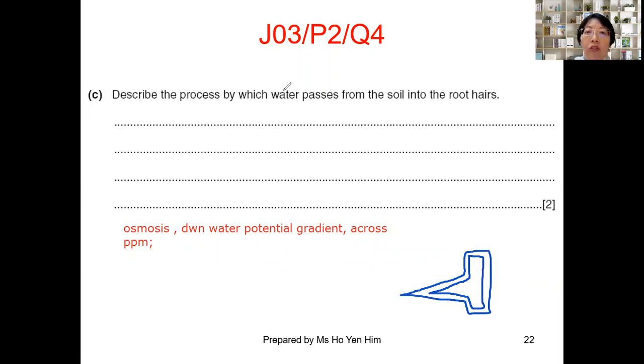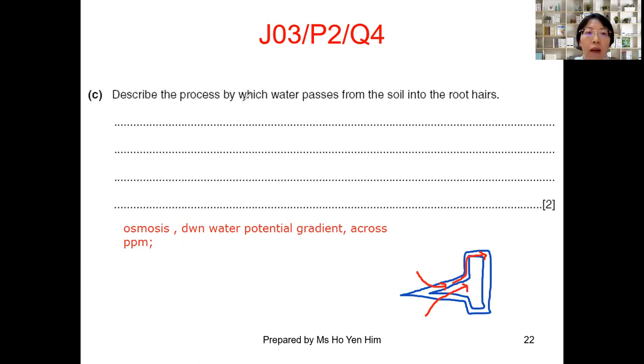root hair, there are actually two pathways. It can be going into the cell wall, and then it continues to travel along the cell wall by apoplast pathway. So in this way, the water will not enter the cell, right? It only goes to the cell wall of the cell. Second way is the water passes the cell wall, passes through the cell surface membrane and goes into the cytoplasm.